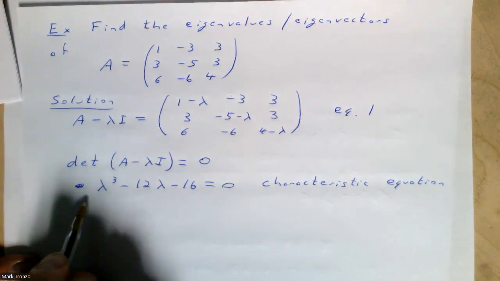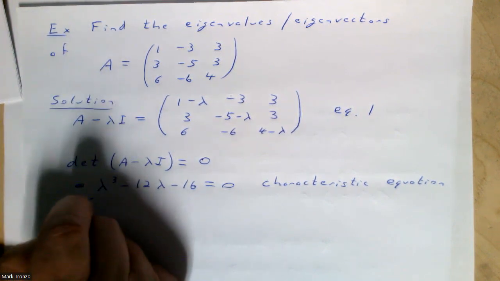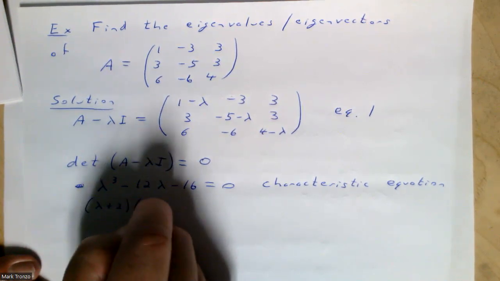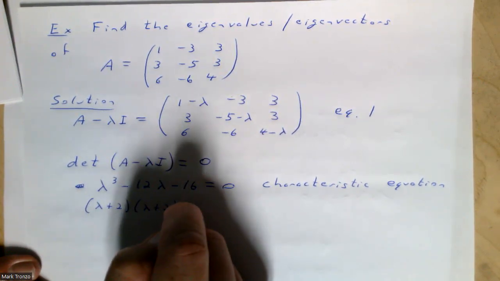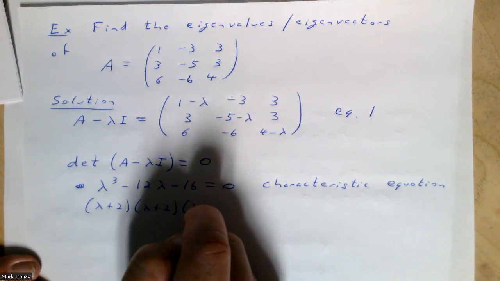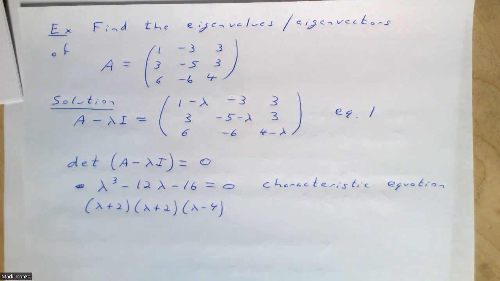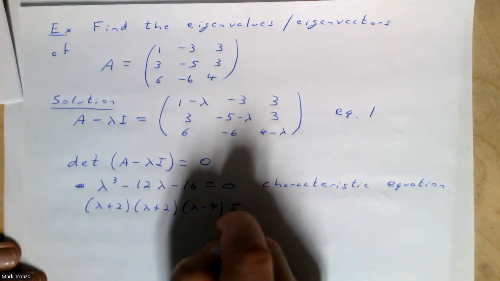And then if we want to factor this, you may have to practice your factoring a little bit. So we'll go ahead and factor this. Again, we factored our characteristic equation. Set this equal to 0.